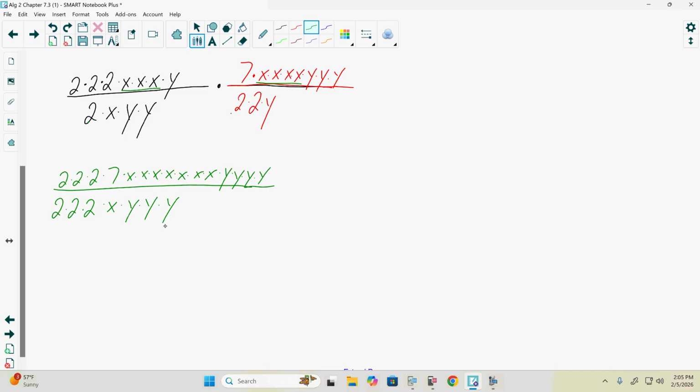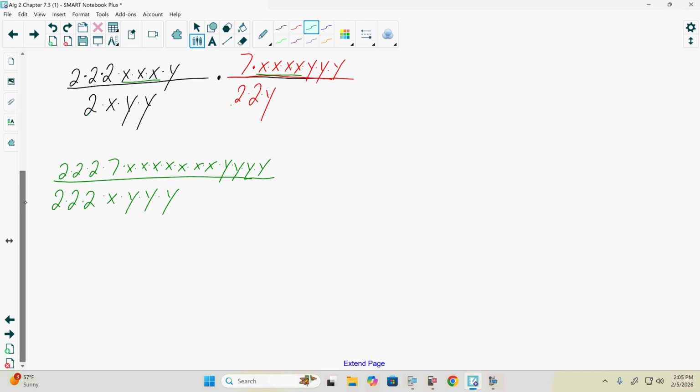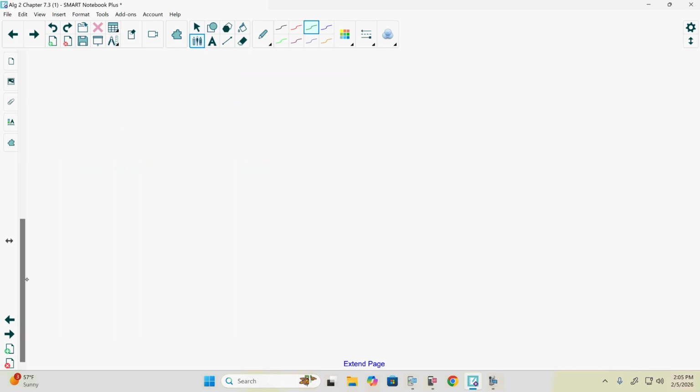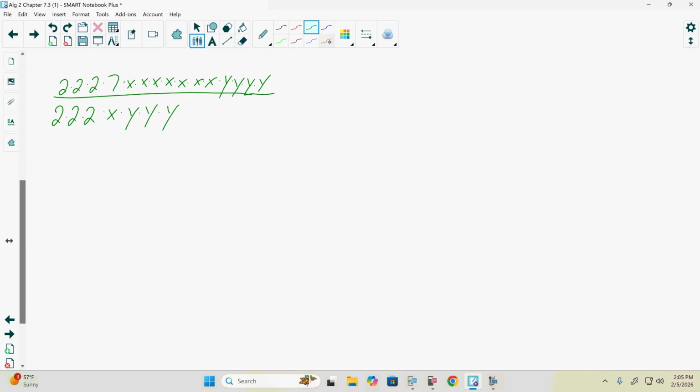Now we're going to simplify. Well, this first 2 on top, I didn't mean to simplify that far. Over our first 2 on bottom, well, 2 divided by 2 is 1. It would simplify, yes.